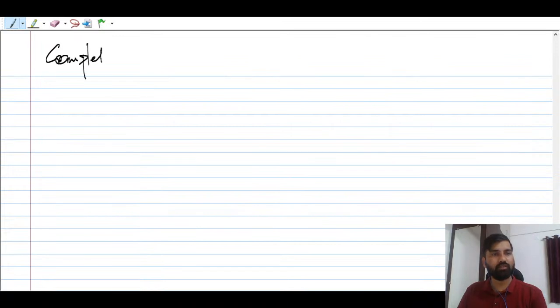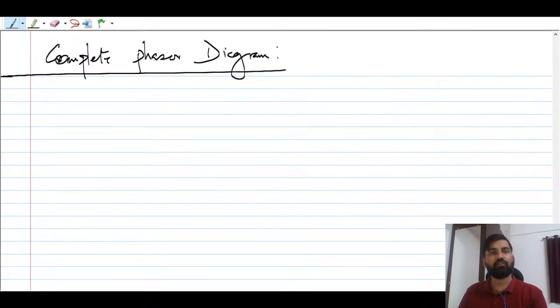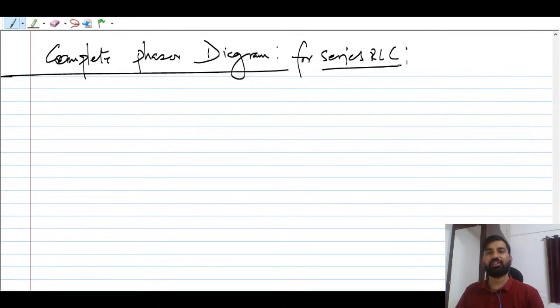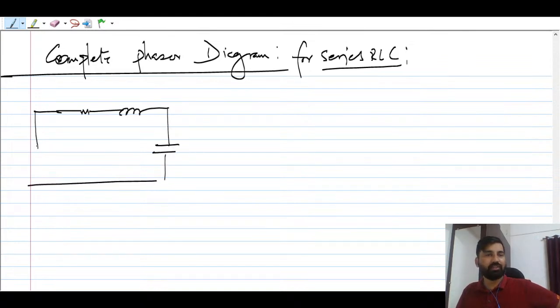For series RLC, the current will be in the same phase, because we are talking at resonance. So this is R, this is L, this is C, and this is being driven by some source. And this is a current I.